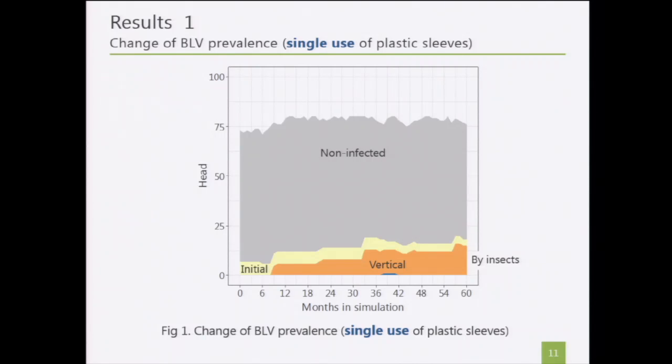The change of BLV prevalence shows a strong seasonal effect due to infection by insects. And in this simulation, only one cattle was vertically infected. And BLV prevalence increased twice after the 5-year simulation.